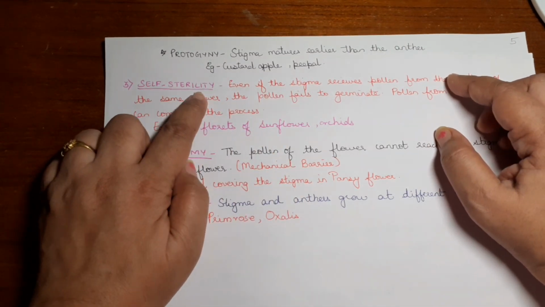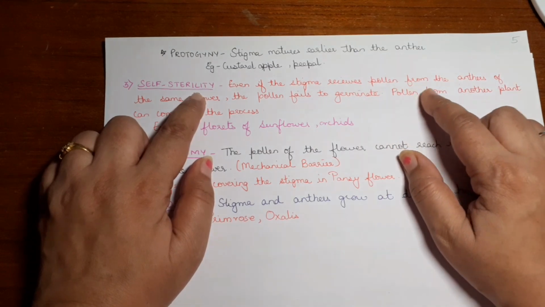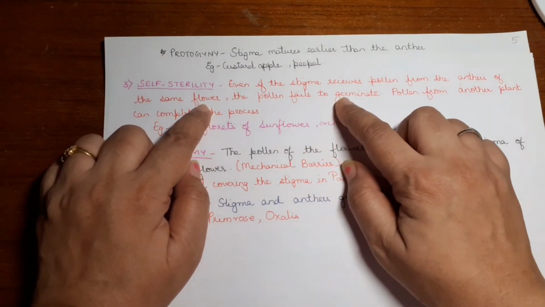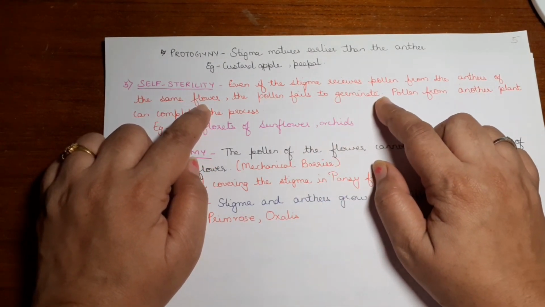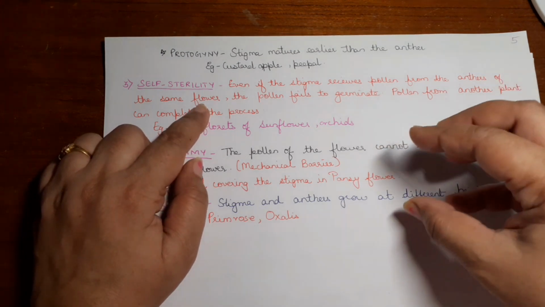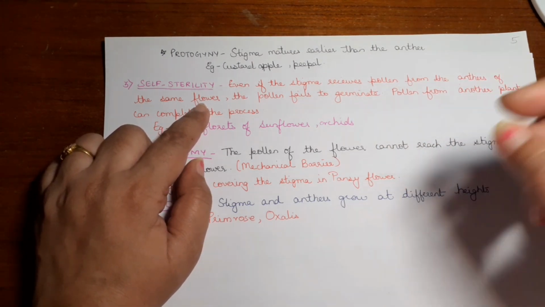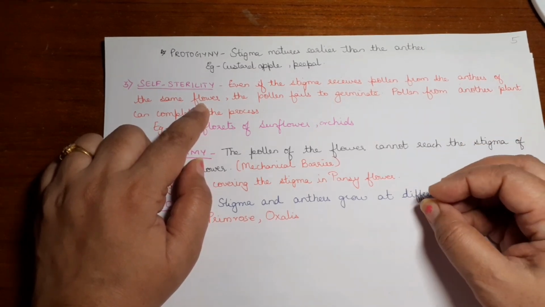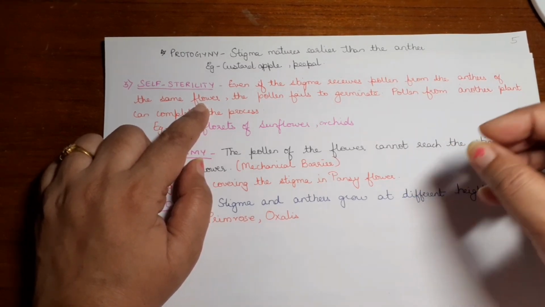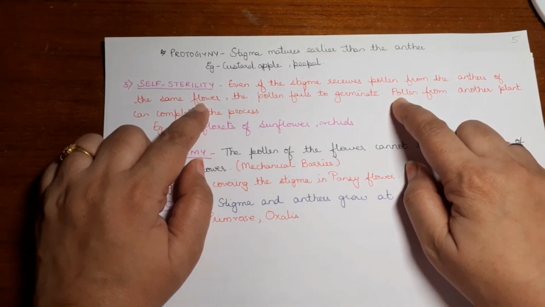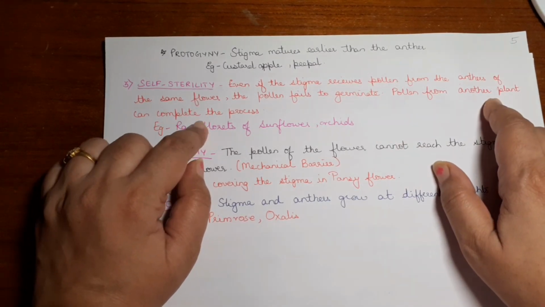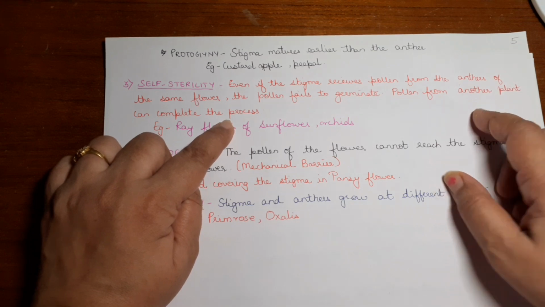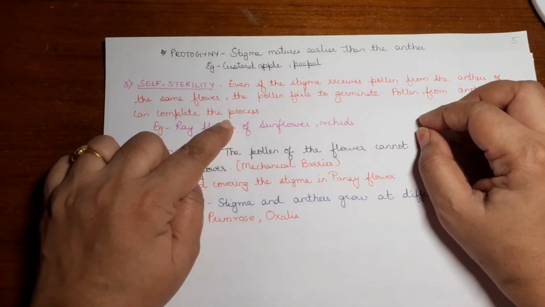Now self-sterility. Even if the stigma receives the pollen from the anthers of the same flower, the pollens fail to germinate. Sometimes the stigma receives the pollen grains, but for some reason these pollen grains do not germinate, they do not fuse. Only pollen from some other plant can complete the process.